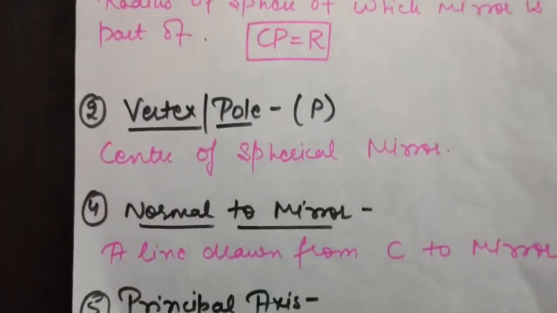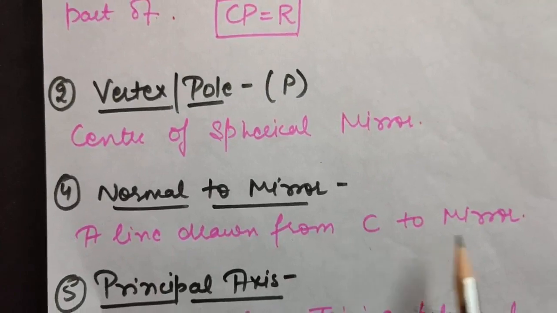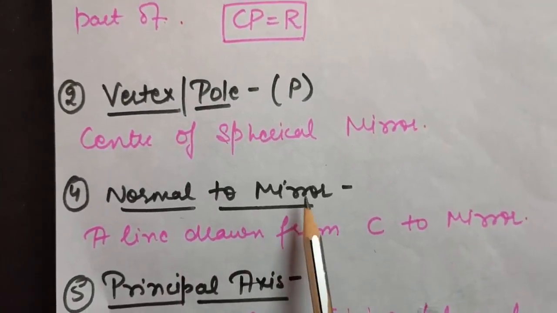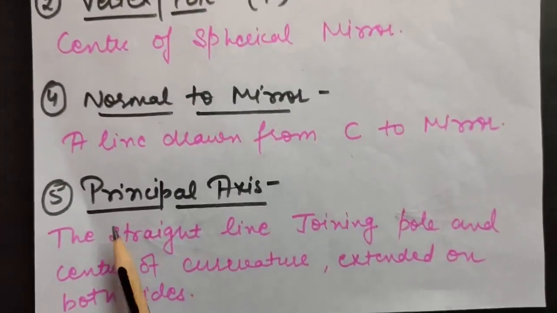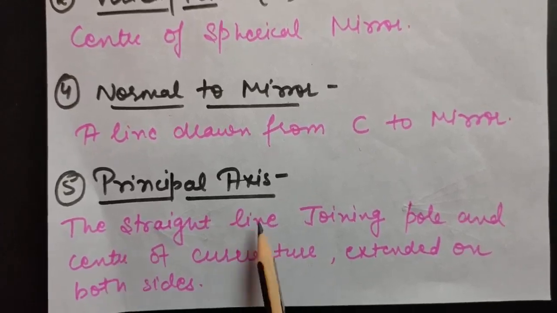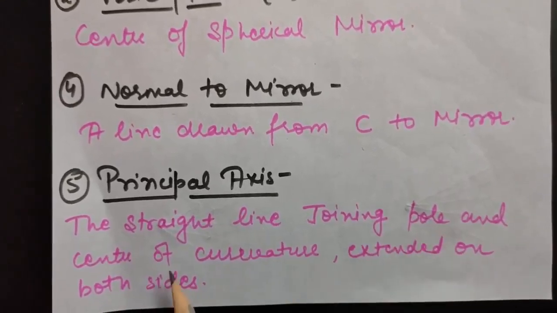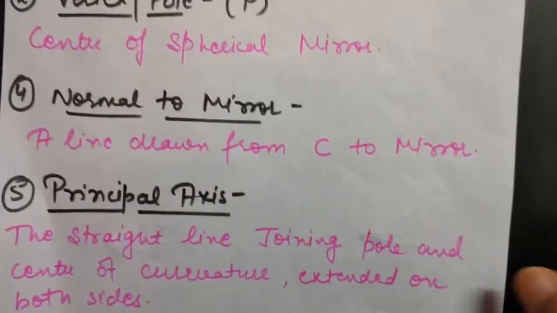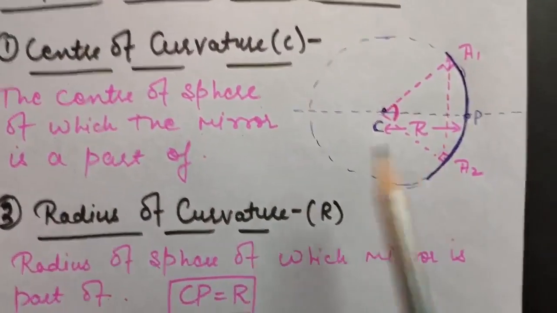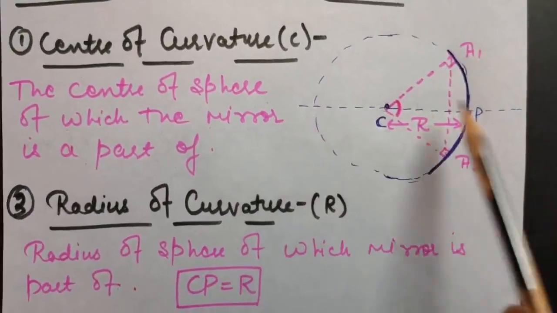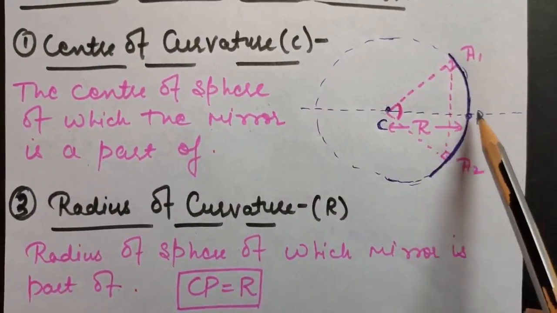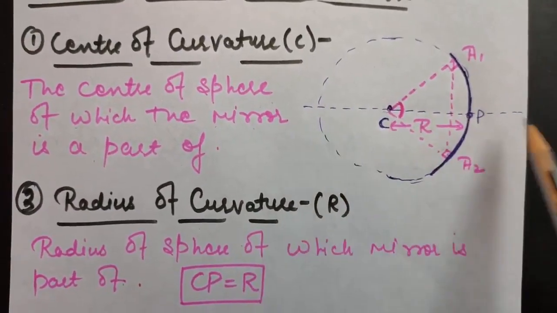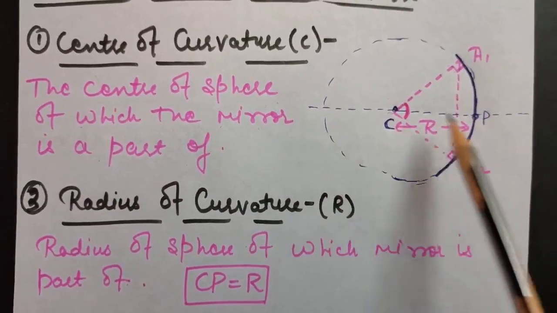So a line drawn from C to the mirror will always be normal to the mirror. Next is principal axis, the straight line joining pole and center of curvature and extended on both sides. This line is joining center of curvature and pole and it is extended on both sides. This line is called principal axis.